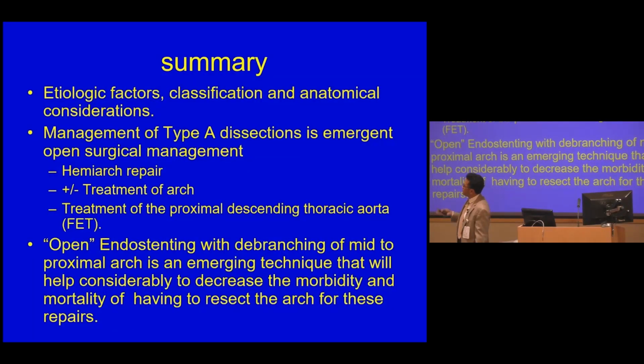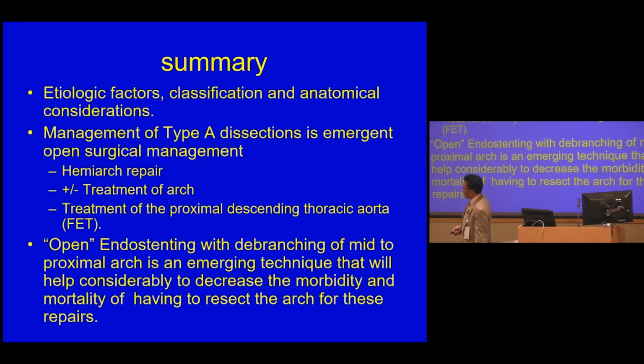In summary, we talked about the etiologic factors, we talked about the classification and anatomical considerations. We stated that type A dissection is an emergency operation. We do a hemiarch plus or minus a treatment of the total arch, and with both of them, we try to put a frozen elephant trunk to reinforce our distal anastomosis.